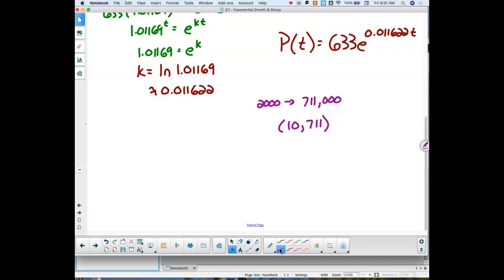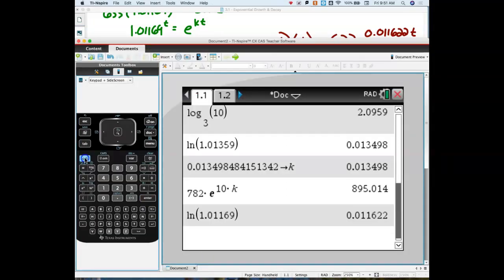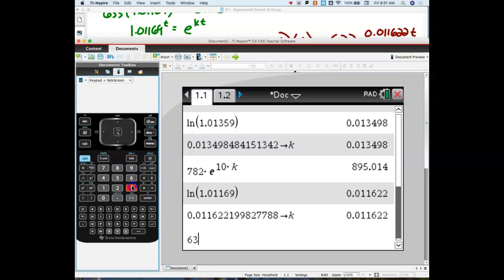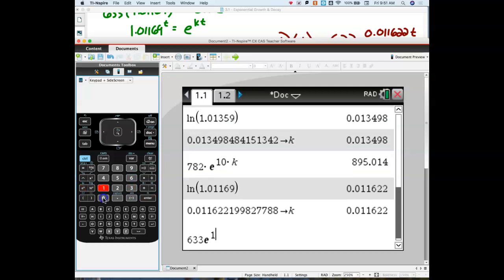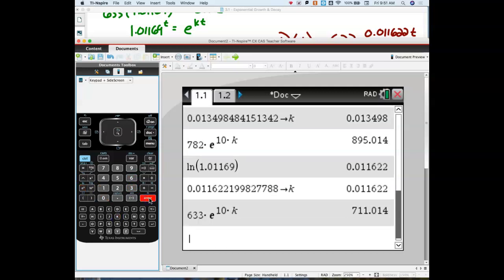So if I put that in, now I'm going to store this as K again. And then I'm going to go 633 e to the 10K power, 711. Again, just happened to be 0.014. That rounding must be at, what we got? You would have to do your exponent first because you can't see what you type in, times 10. Equals. I got to hit equals. You got to hit equals more often.